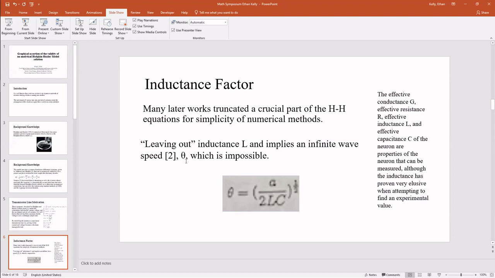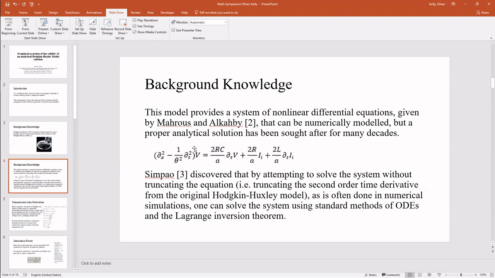And leaving this out implies that something here is zero. Obviously, on its own, the second time derivative of voltage will exist, which implies that 1/θ² is zero, which then implies that theta is a very large number nearing infinity. That's the only way you can get a zero from 1 over a number, at least in this case.